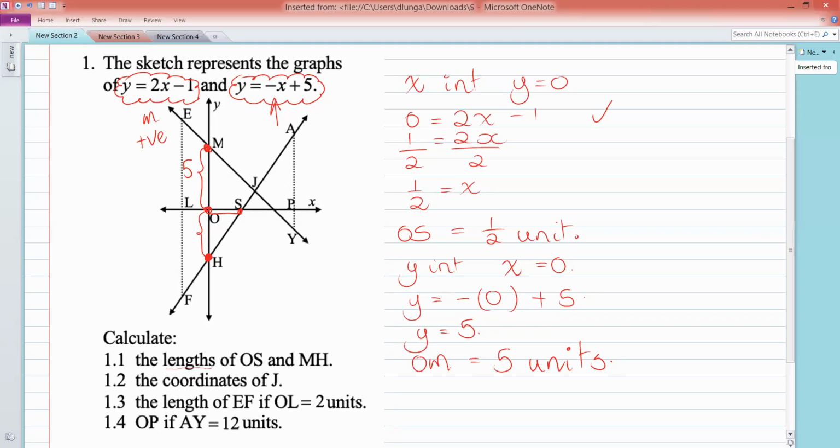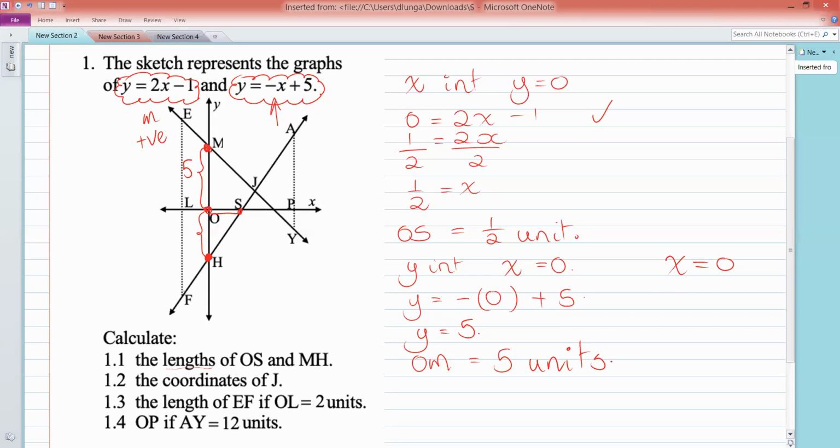Someone talk me through it. Any volunteers? Make x 0. Right, so we're going to make x 0. And which graph or which equation should I use, the first one or the second one?